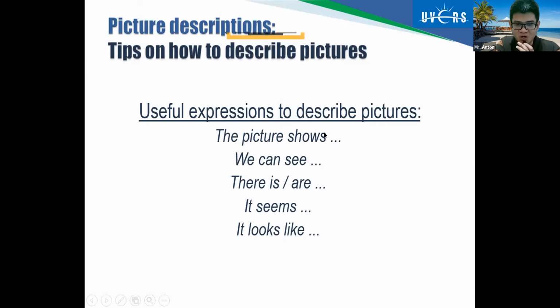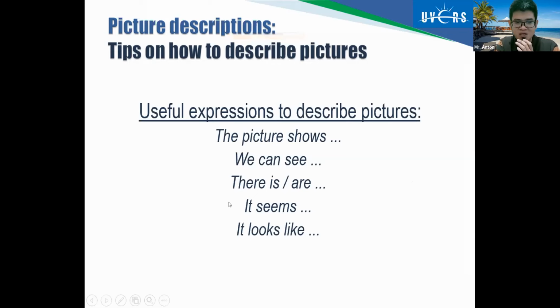Of course, you are 5 students here. Each of you must describe each part of the picture. Some of you will use the picture shows, another student we can see, and another student can use there is or there are, depending on the picture itself.